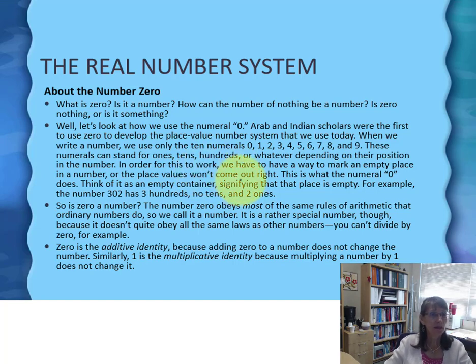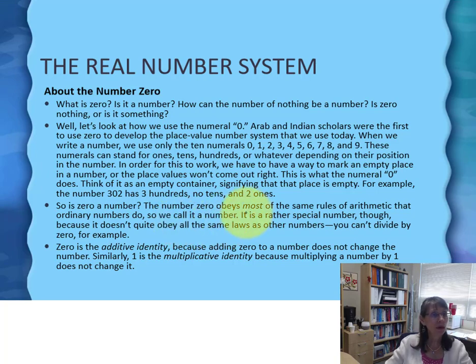So if we have, for example, 3 hundreds and 2 ones, you'll notice there were no tens mentioned. So it's important to use 3 for the hundreds, 0 for the tens, which means there are no tens, and 2 for the ones. So is 0 a number?